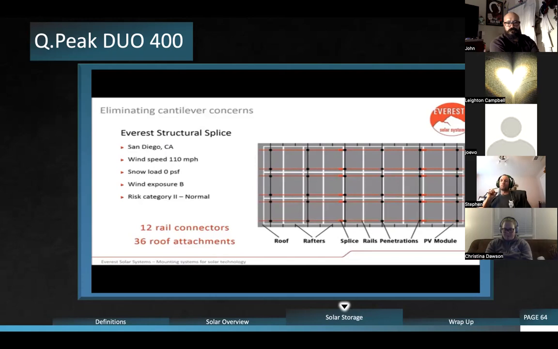We've heard from customers that this makes it a lot easier and reduces the time of installation by not having to add so many attachments to your roof. This is a perfect example of how this is going to reduce the time of installation. It's going to reduce you having to install so many attachments and make sure that your rail runs are easily installed with our structural splice.